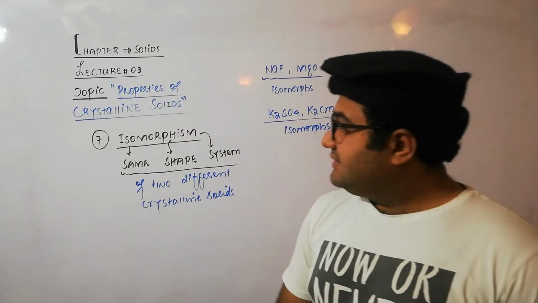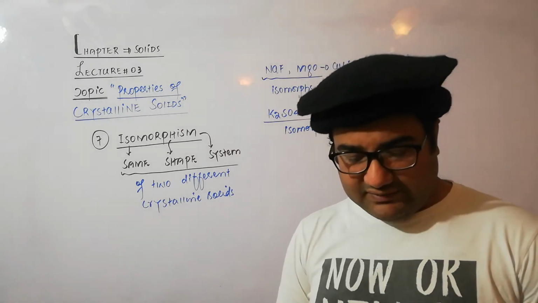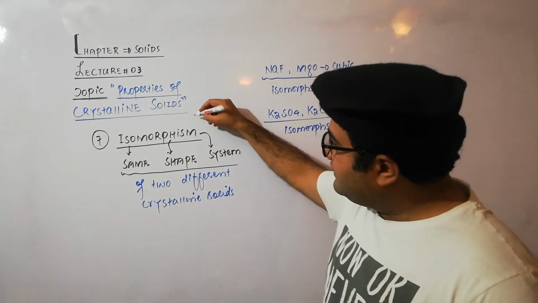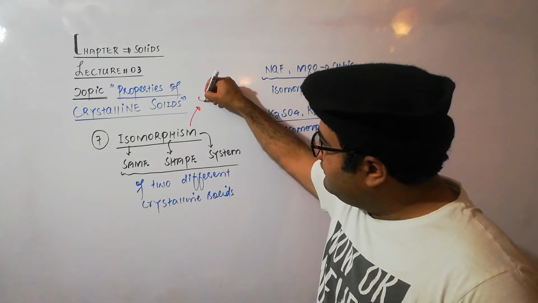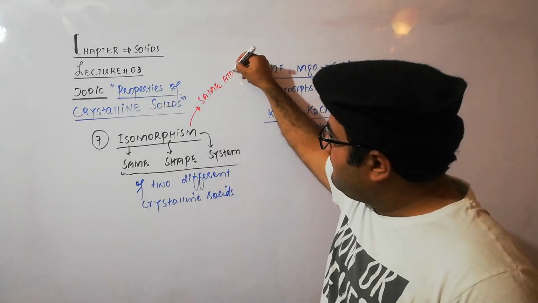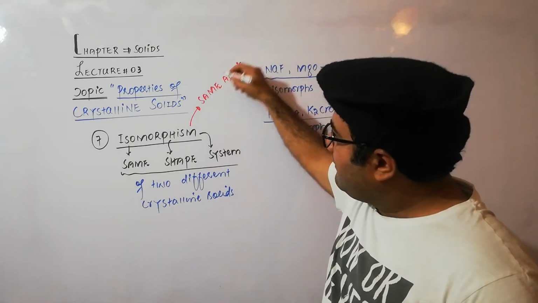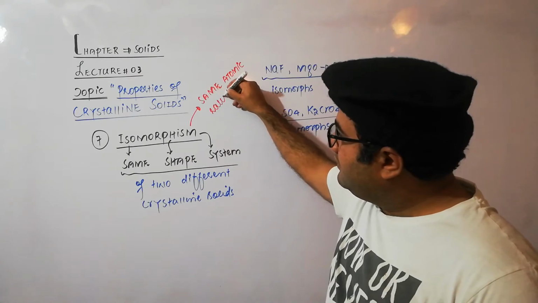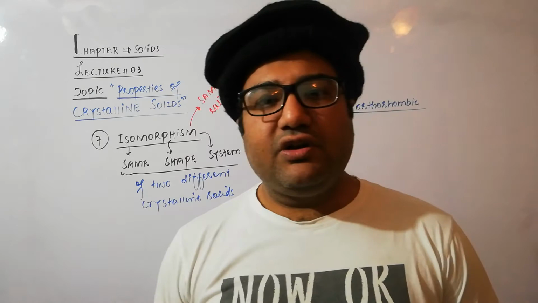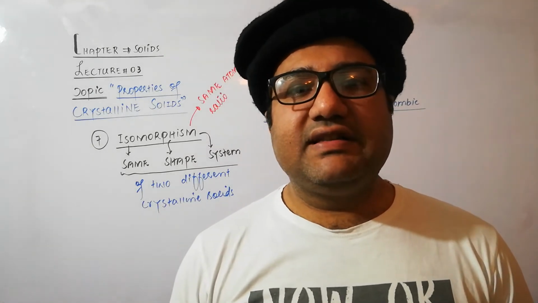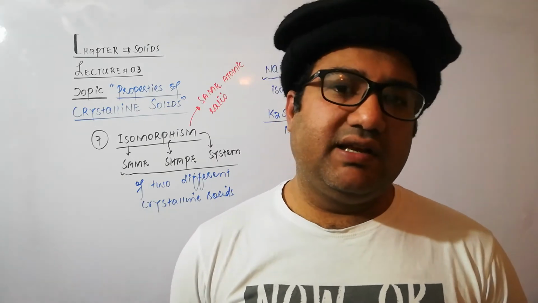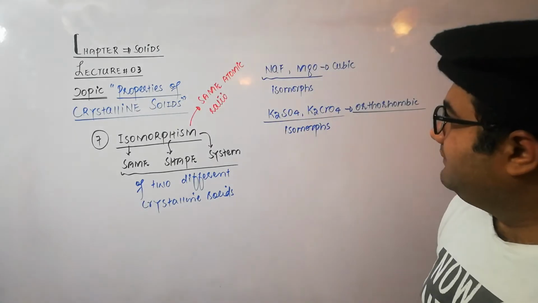Now let us discuss why isomorphism actually arises. The phenomenon of isomorphism is basically due to the same atomic ratio. Isomorphism arises because the different crystalline solids have the same atomic ratio, and because of this same atomic ratio, their crystalline shape is also the same.